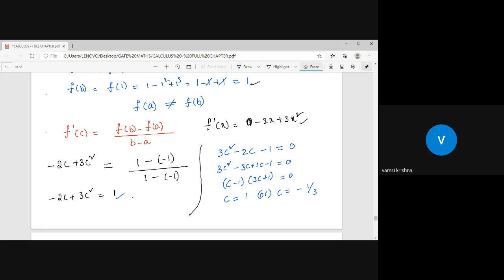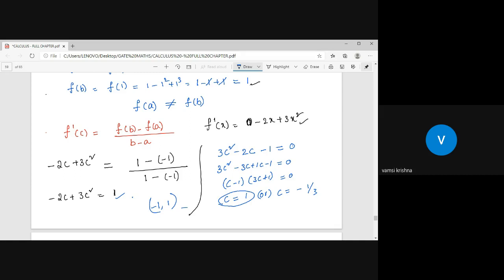If you take c equal to 1, the given interval is minus 1 comma 1. So c must belong to this interval. It should be more than minus 1 and less than plus 1.